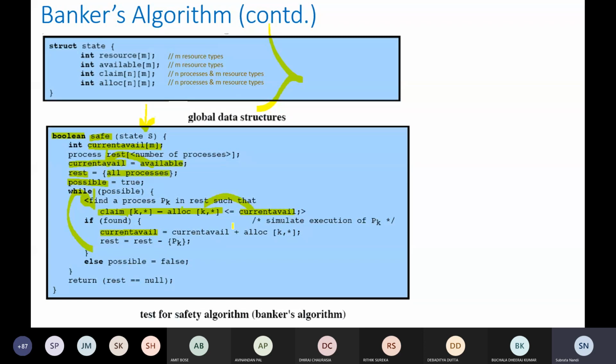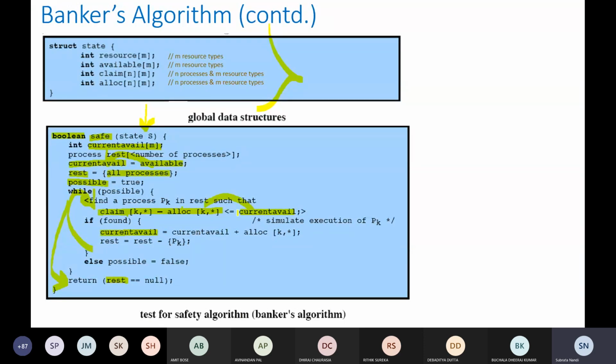If no more processes are found, as in the last example, then possible is false, and it comes out of the while loop. On exiting the while loop, if the rest set still has processes whose resource needs could not be satisfied, then definitely it's a deadlock, an unsafe state. In the previous illustration we found first P2, then P1, then P3, P4.